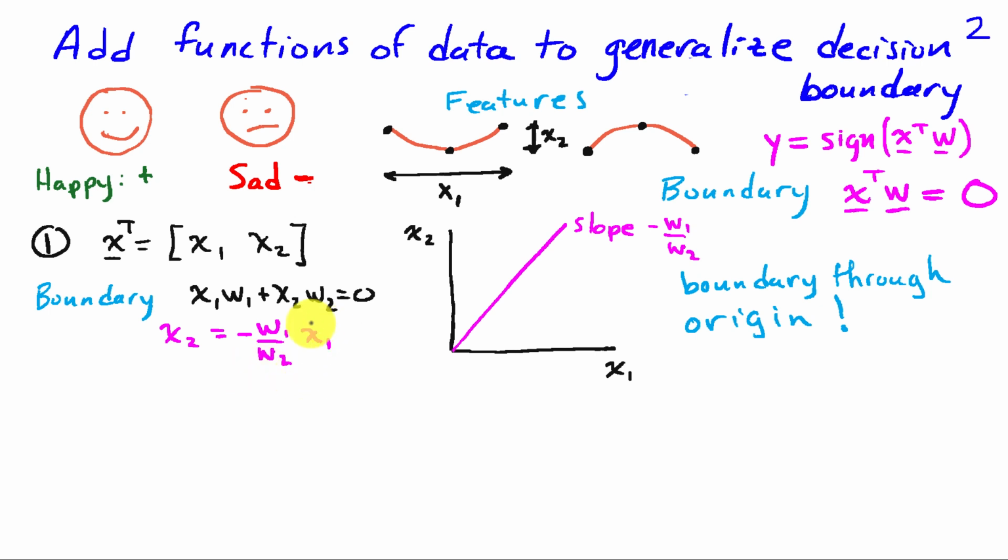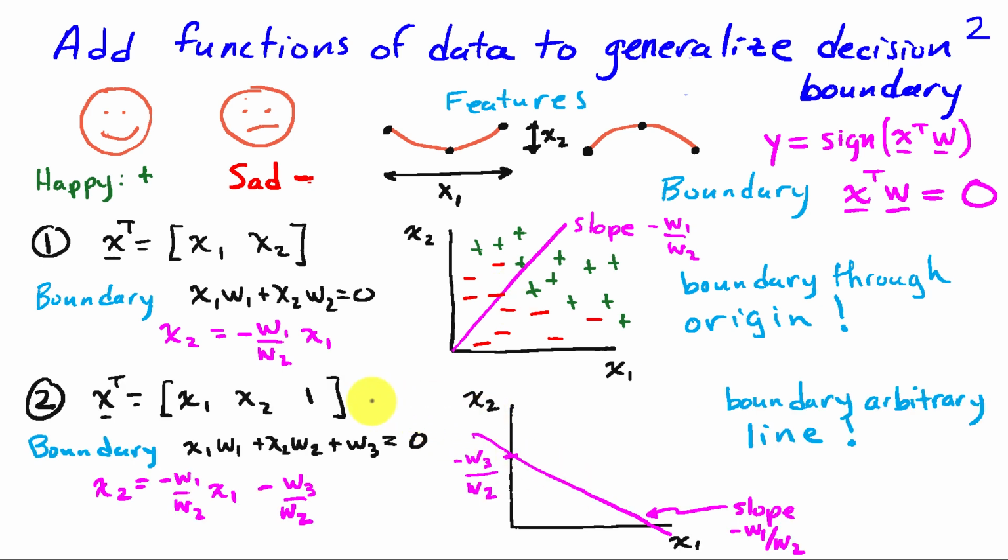Well, this is just the equation for a line whose slope is negative w1 divided by w2. So if I look at my x1, x2 space, my decision boundary is a line that goes through the origin. Now that could be problematic if our data is not well classified by a decision boundary going through the origin. So we want to be able to generalize this to get some other types of boundaries.